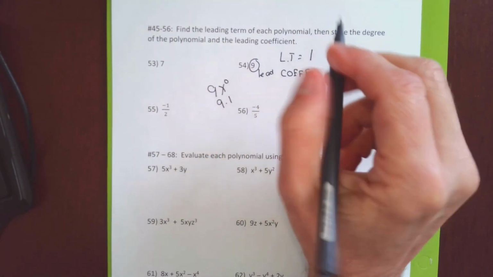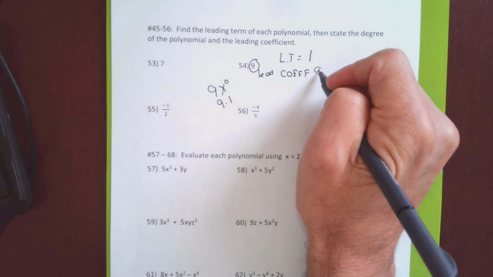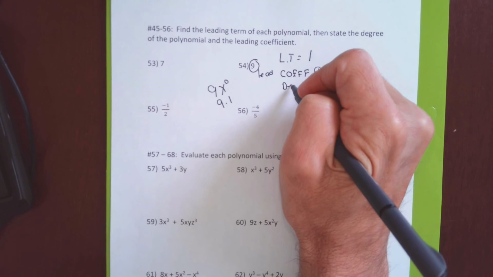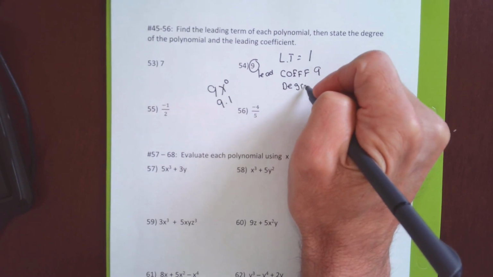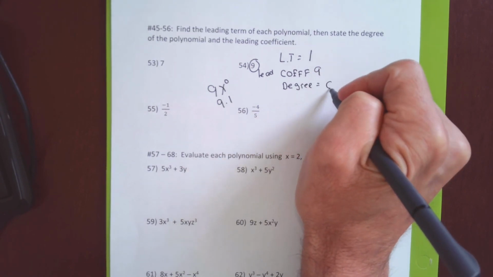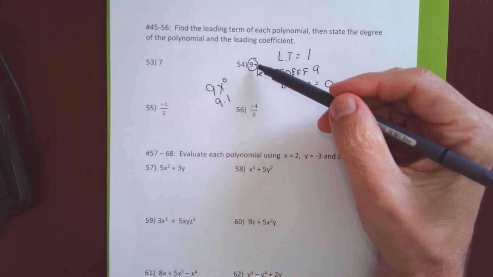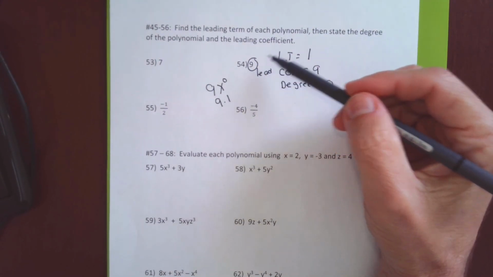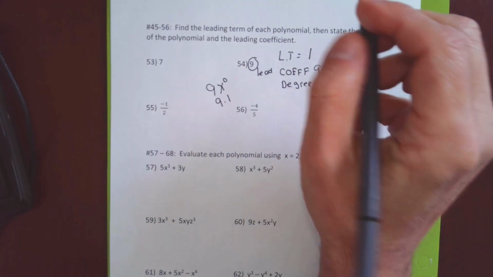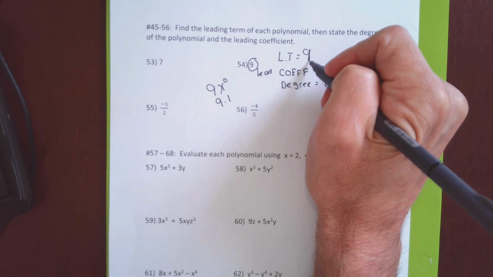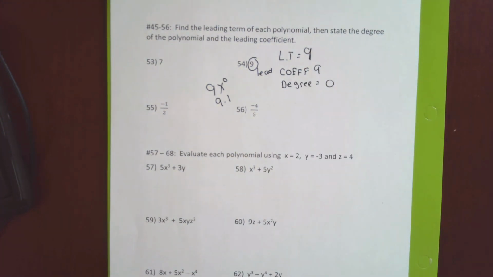If there isn't a letter, that number is considered the coefficient. And the degree of a number without a letter is 0. So my answers, if there's just a single term and it's a number without a letter, or a constant, it is the leading term. I should say the leading term is 9. I don't know why I wrote 1 there. Sorry, I make mistakes.